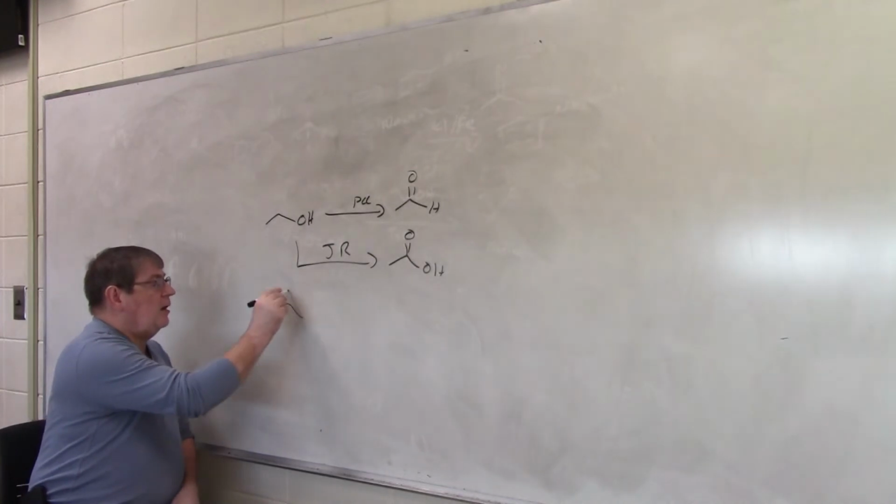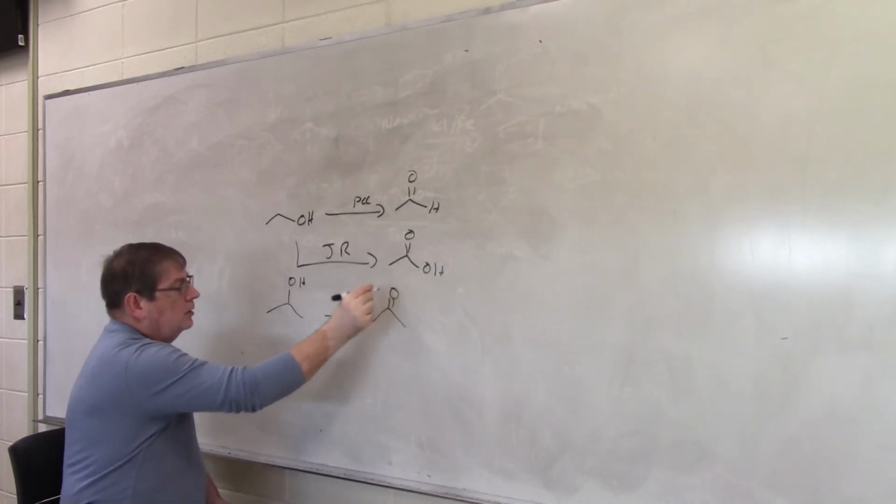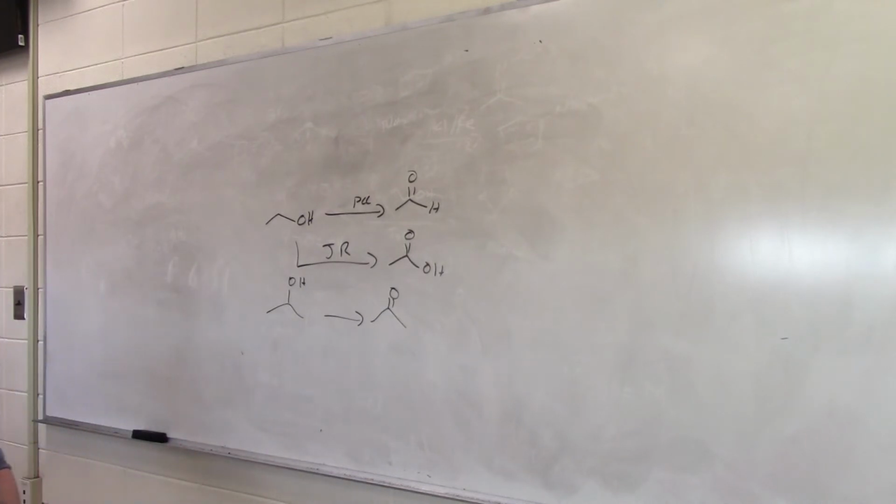If I have secondary alcohols, either reagent will give me ketones. Both of them will oxidize that. Tertiary alcohols don't undergo oxidation, at least not to ketones or aldehydes. And what is Jones reagent?